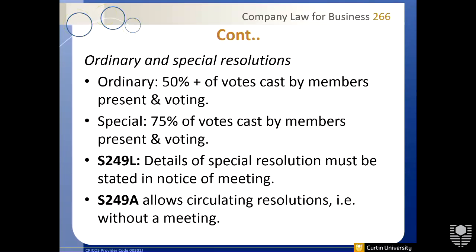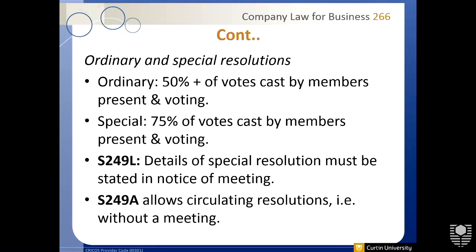What is an ordinary resolution? An ordinary resolution is a simple majority, 51% of the members approving. When you read your Corporations Act, if the word resolution is used without the mention of special, it is an ordinary resolution. You won't see the word ordinary mentioned in the Act, it will only mention resolution.